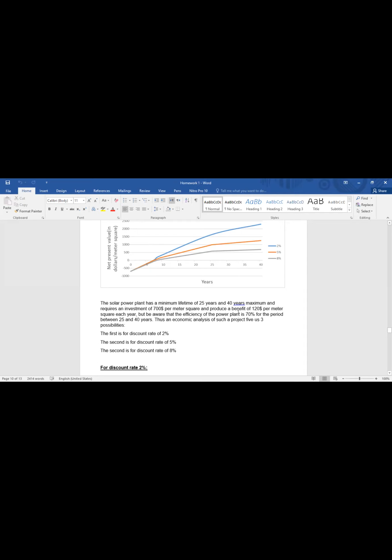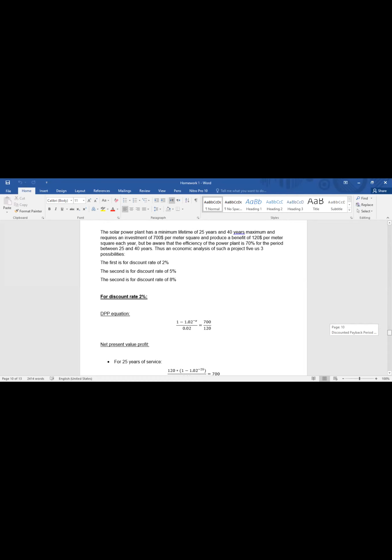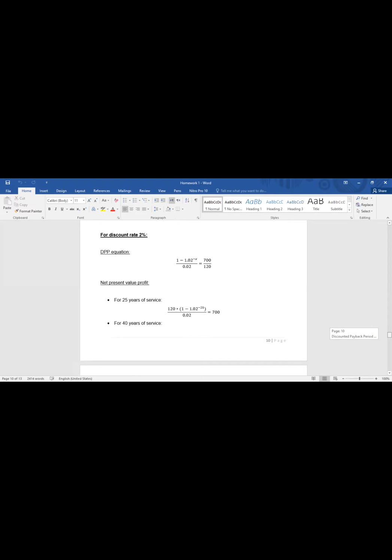The benefits are $120 per square meter, if we compare with the 0.11 dollars for each kilowatt set by the government. Thus, an economic analysis of such a project gives us 3 possibilities. For a discount rate of 2%, we have this equation for the discounted payback period.